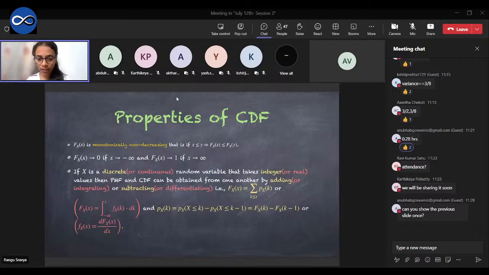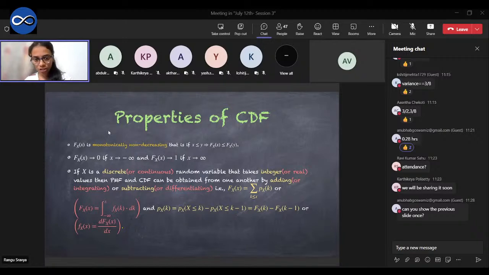The probability that X is less than or equal to k is by definition F_X(k), and the probability that X is less than or equal to k minus 1 is F_X(k minus 1). So we can find the CDF from the PMF by summation, and we can find the PMF by subtracting two consecutive CDFs. Here we are adding, here we are subtracting.